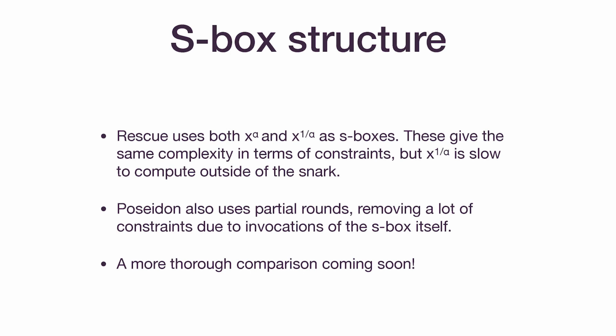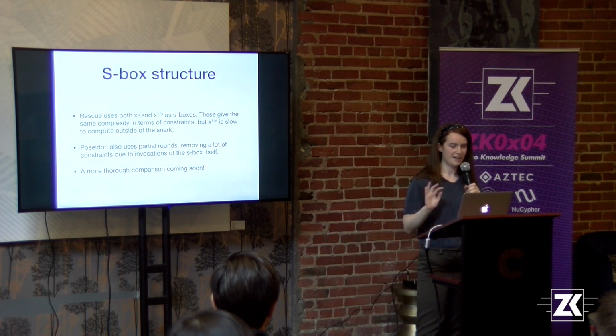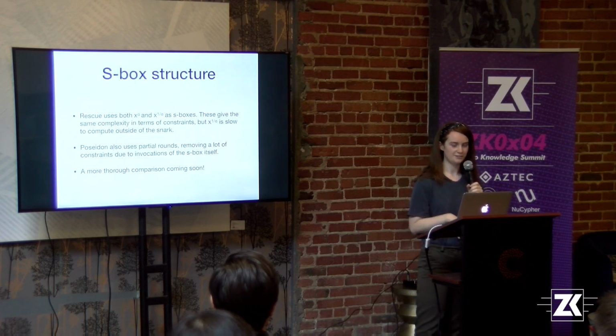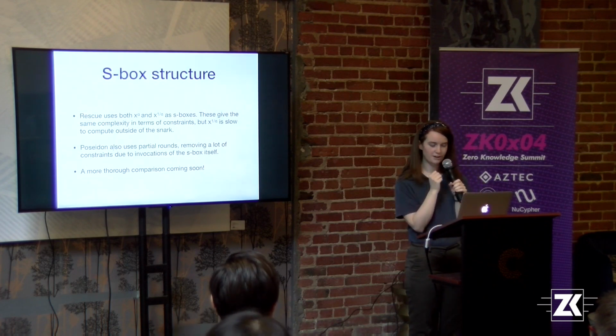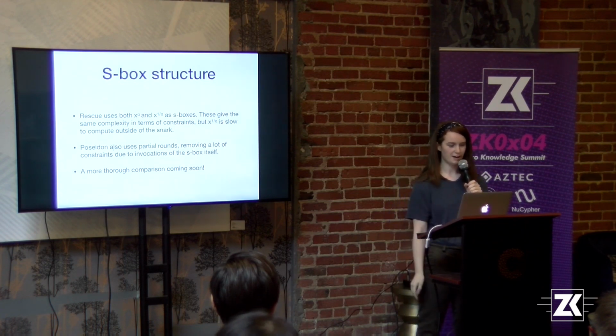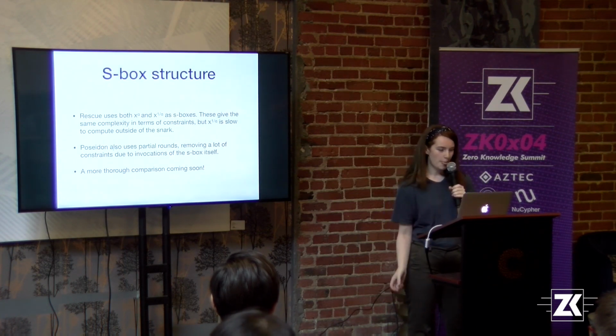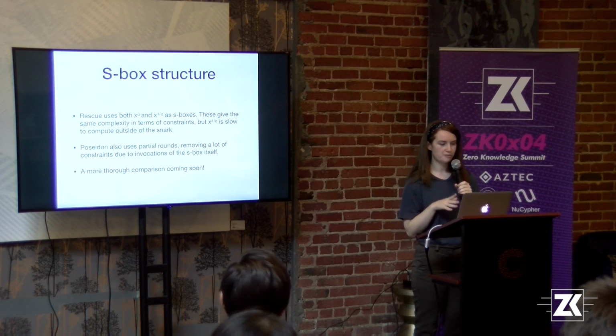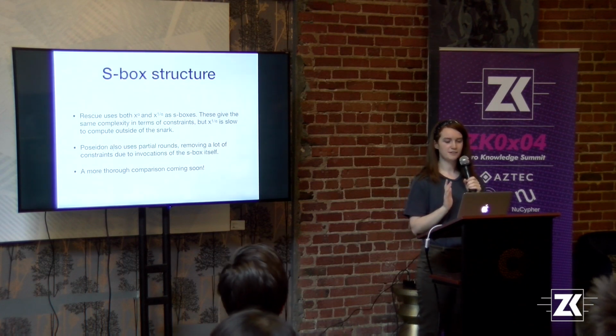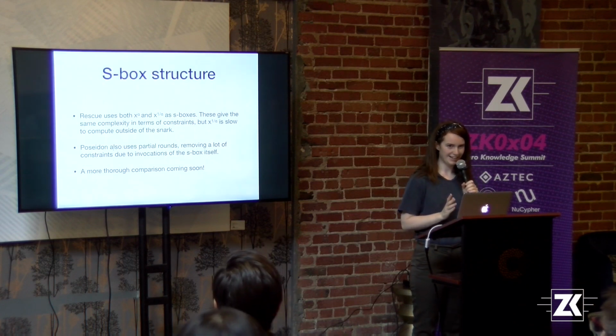And raising a number to the power of 1 over alpha when all of the arithmetic is modulo roughly 2 to the 753 is very slow outside of a SNARK. To do this on a computer, your computer is not very happy with you. So after speed, the recommendation is that you would use Poseidon.